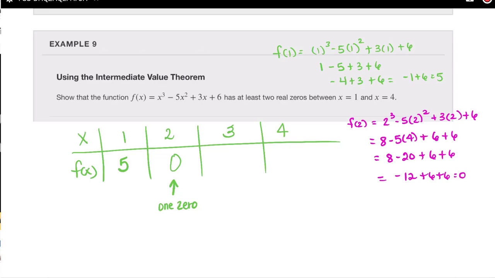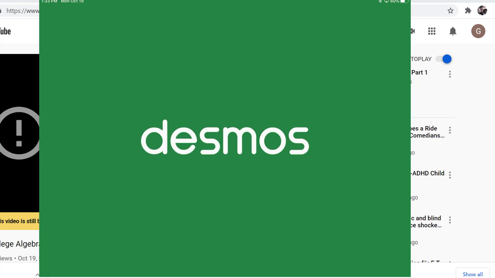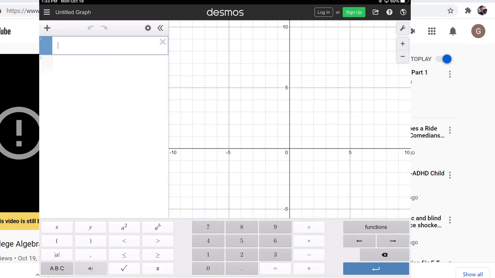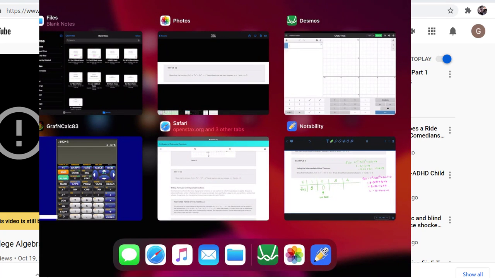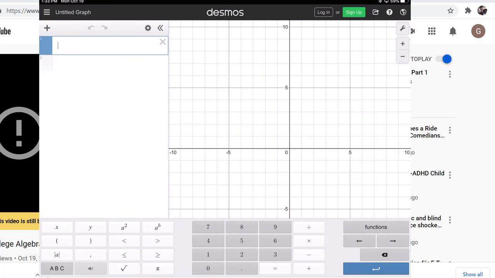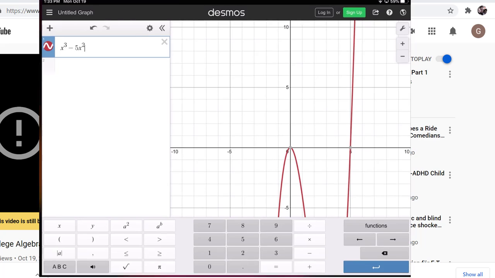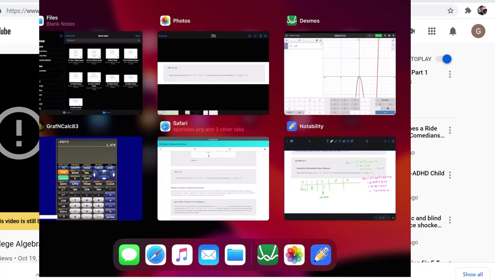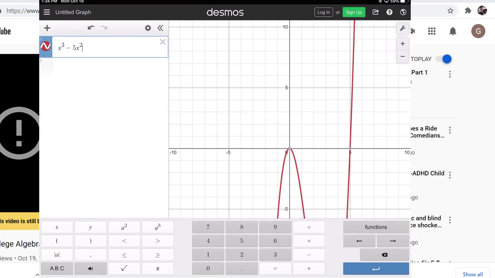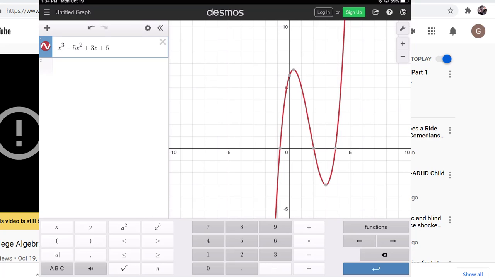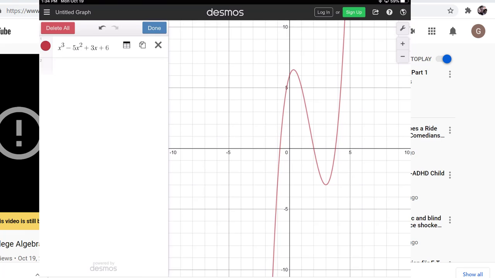So now let's substitute in x equals 3. And so this is taking a while, so let's borrow Desmos. So if I do x to the third minus 5x squared plus 3x plus 6, and then if I click the little gear up here, I can do a table.